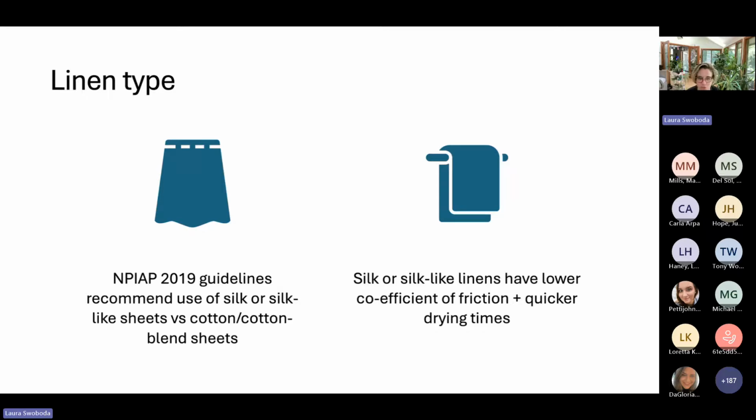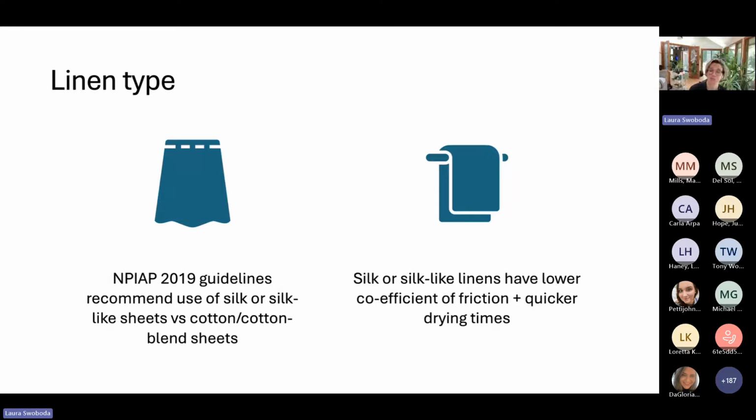Now, when we're looking at linen type, the NPIAP 2019 guidelines recommended the use of silk or silk-like sheets versus cotton or cotton blended sheets. Silk or silk-like linens have a lower coefficient of friction and quicker drying times. And this is why they recommend them for silk pillows for your beauty rest.